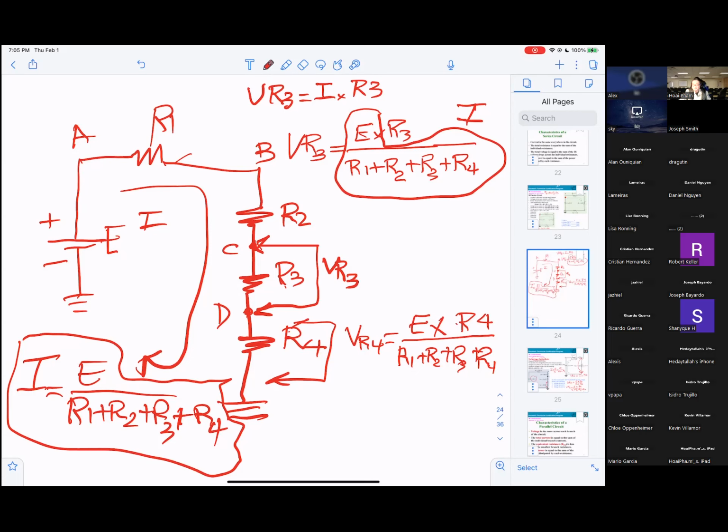Mr. Pham, if you look at the formulas you just put up, VR3 and VR4, in the denominator of VR4 you have R1, 2, 3, 4, and you're looking for R4. And up top, you're looking for R3, but you have 1, 2, 3, 4. Shouldn't you just have 1, 2, 3? No. You know why you divide by 1, 2, 3, 4?